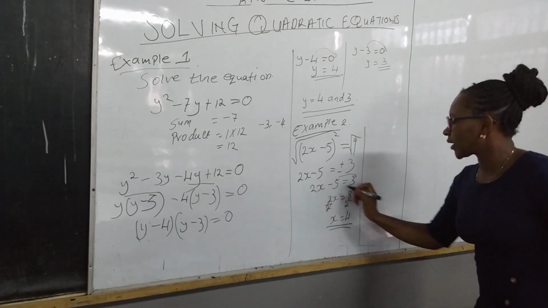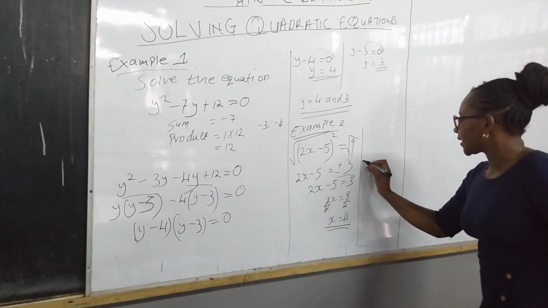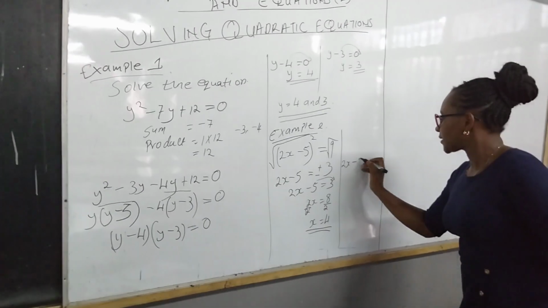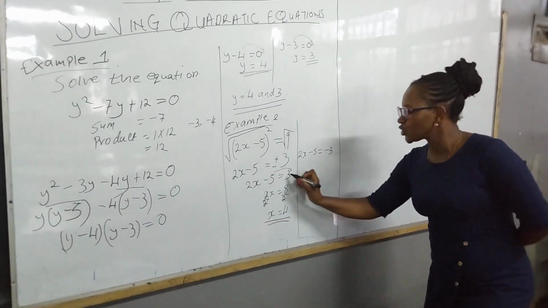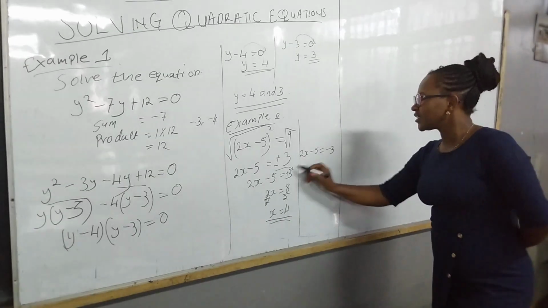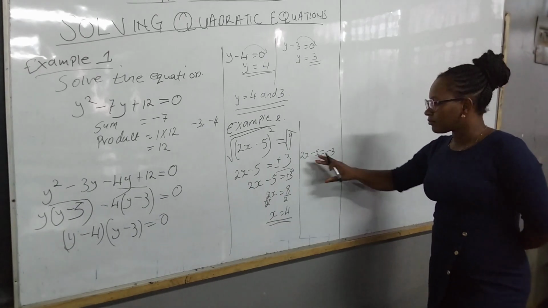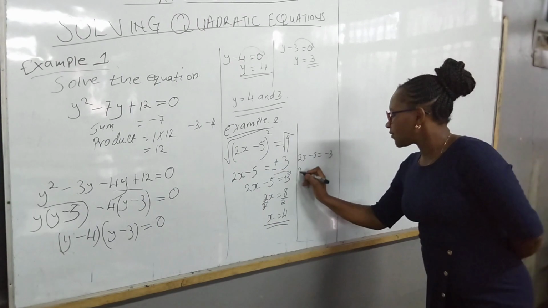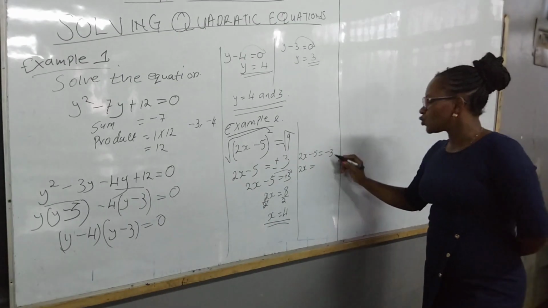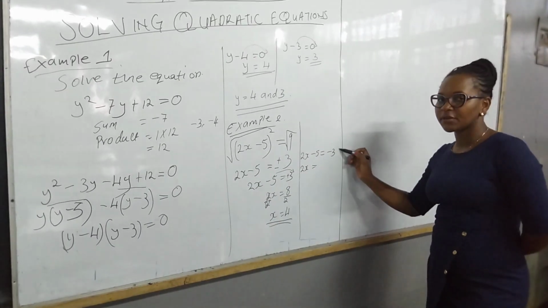On the other hand, we can have 2x minus 5 is equal to negative 3, because the first time we took this one as positive 3. What if we now have our value as negative 3? What do we get? We have 2x is equal to negative 3 plus 5.